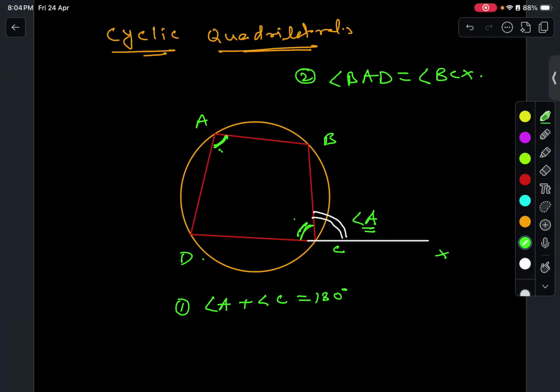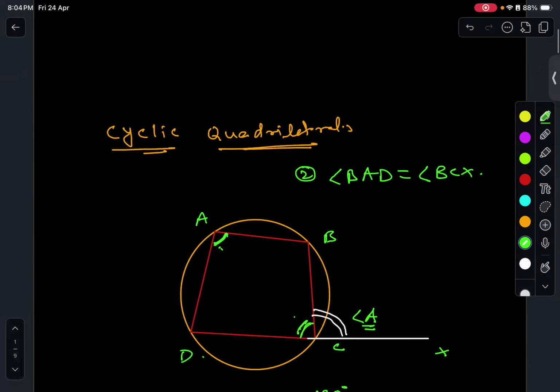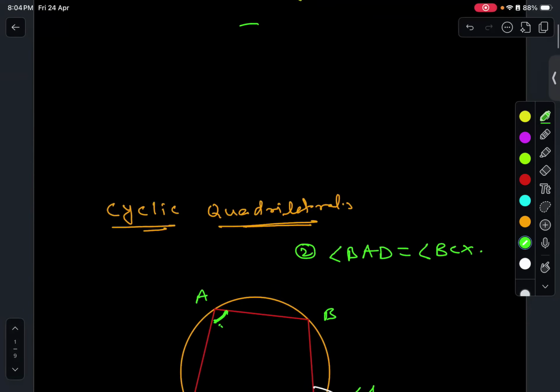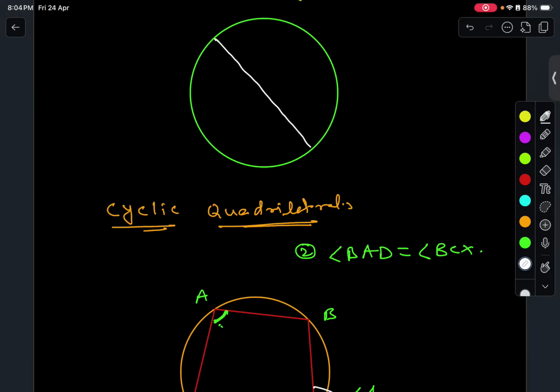Now, the most important part in this is when the circle is given, the cyclic quadrilateral, but it will be in different forms. Like if it is given in this form, you have to make your notes proper, right?